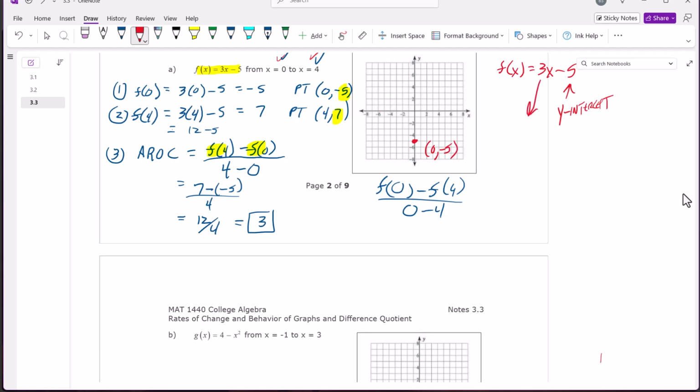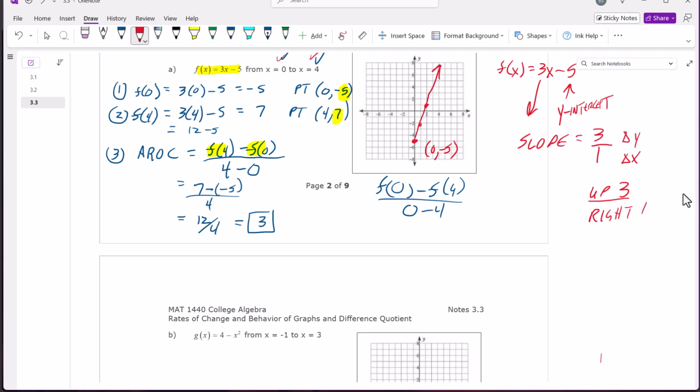And then your slope is 3. You can always put a whole number over 1. And remember, you're doing change in y over change in x for a slope. So you're really going up 3 because that's a positive number, and you're going to the right 1 because that's a positive number. So you go up 3 over 1, up 3 over 1.